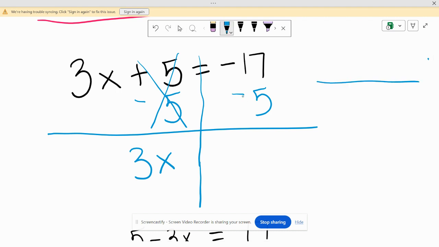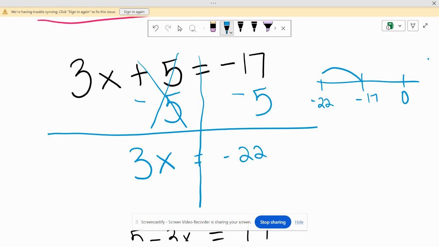So if I think about my number line, if here's 0 and here's -17, if I'm subtracting 5, that means I'm going to go back 5 more. So we want to think about, what is this number? What is -17 minus 5? We would end up at -22.